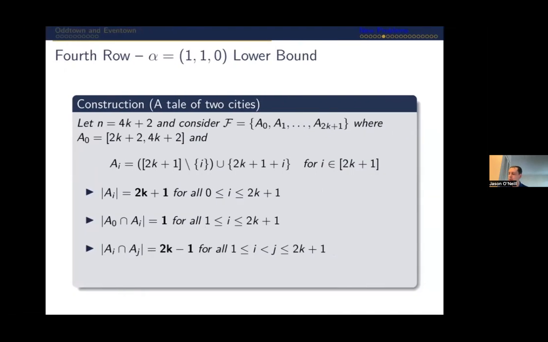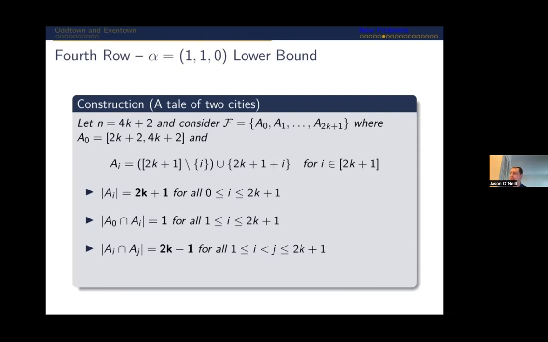If I take 2 of these A sub i's, they're going to have no contribution from the second city because each set has a unique guy in the second city. However, when I look at the first city, there are going to be exactly 2 elements that are missing.